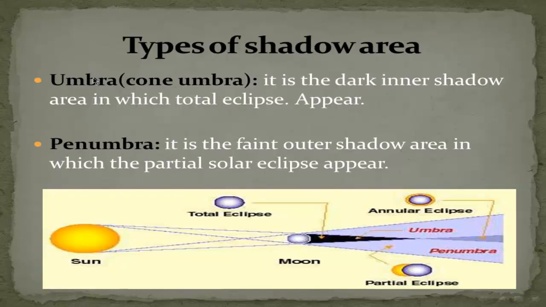Two. Umbra, what is meant by umbra? Darkened inner shadow, in which total solar eclipse occurs. What is meant by penumbra? Penumbra is the outer fainter shadow, in which partial solar eclipse occurs.